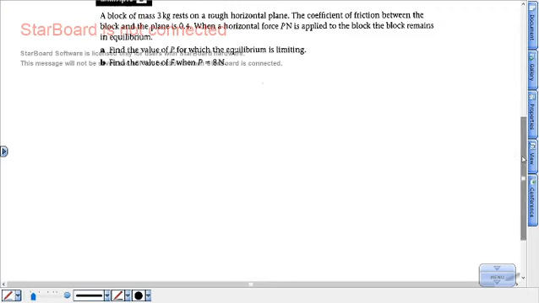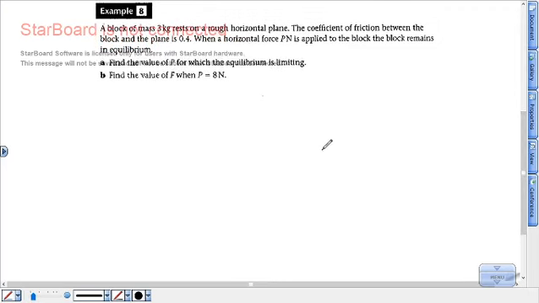Anyway, let's have a look at this example. Example 8. A block of mass 3 kilograms rests on a rough horizontal plane. So there's your plane, there is the block, 3 kilograms. The coefficient of friction between the block and the surface is mu equals 0.4.